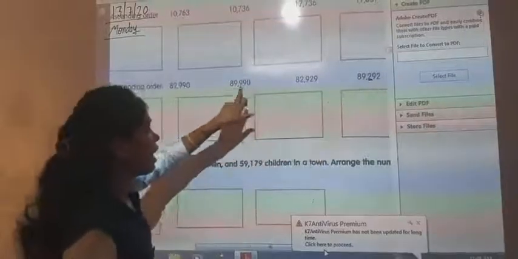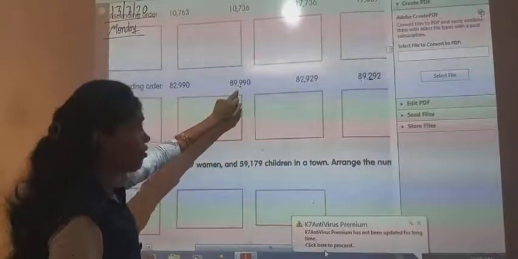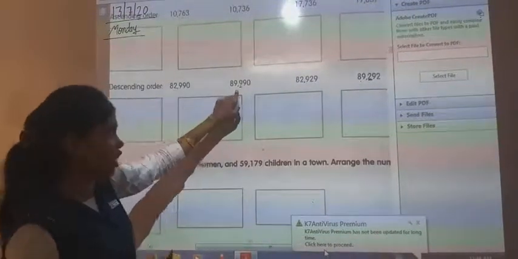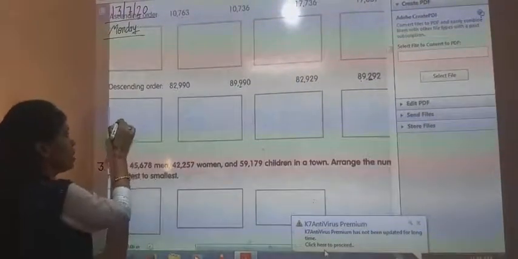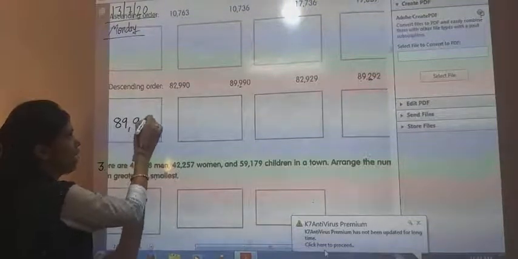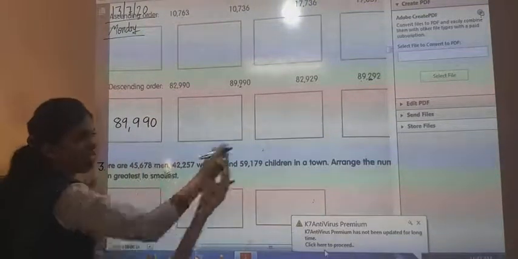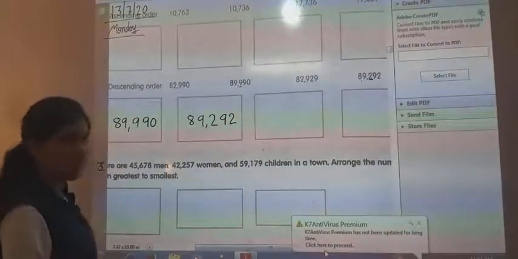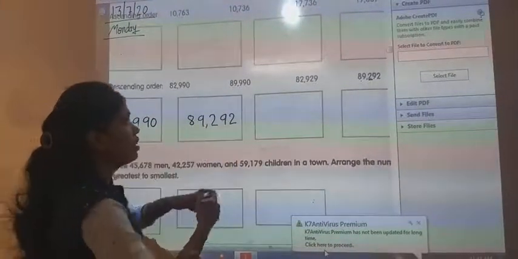Yes, right. 9 is greater. We always write the greatest number first in descending order. So the first number will come 89,990 and the second number is 89,292.